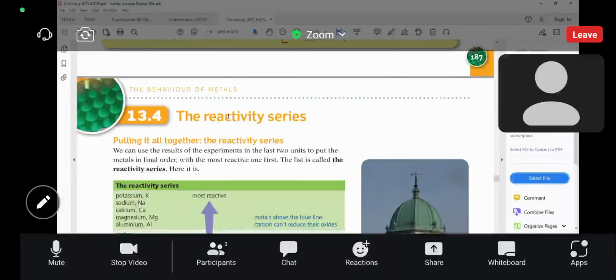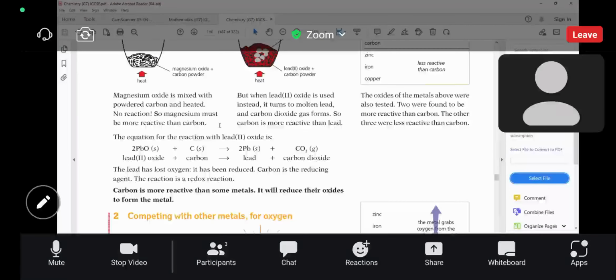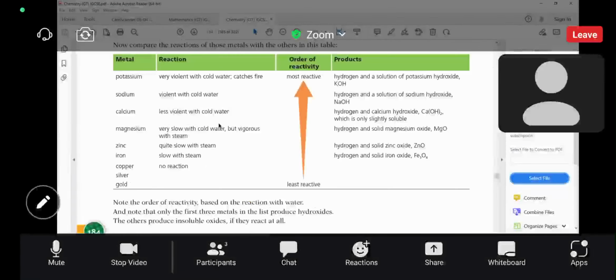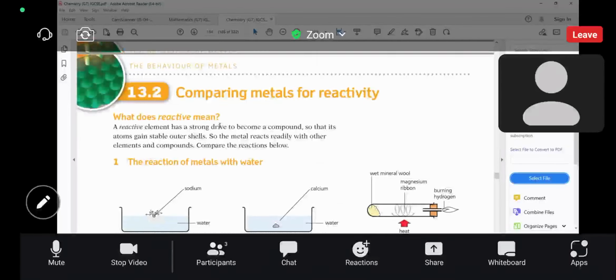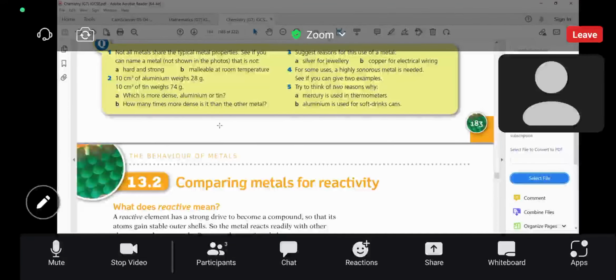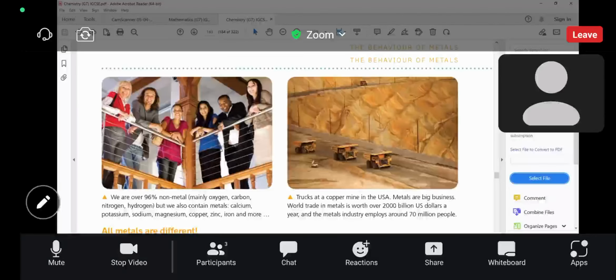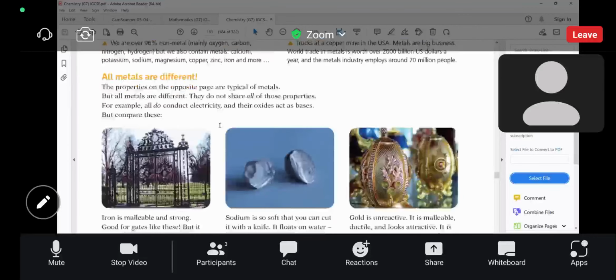Where is that? The reactivity series, before that 13.2. I'll send you one picture. Just give me a minute. We need to study 13.2 and 13.4.